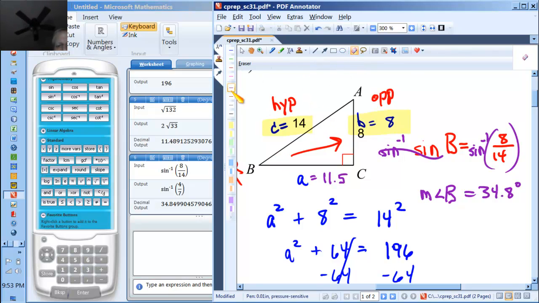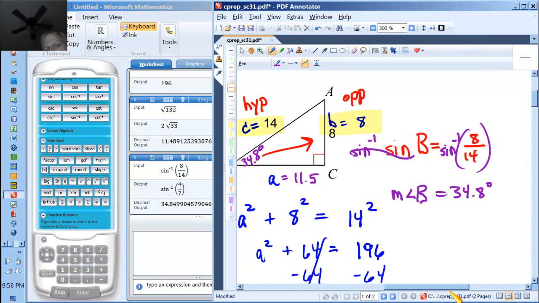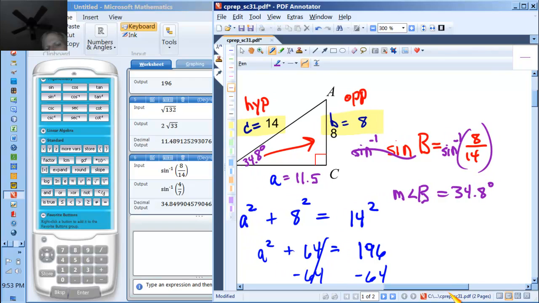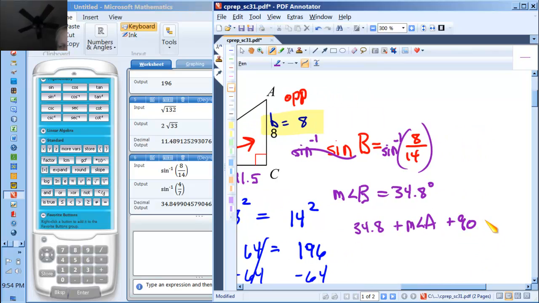Okay, so now I know 2 of the 3 angles. I know 3 of the sides, and I just need to find the final missing angle, which I do by using the fact that all the angles of a triangle have to add up to 180. So I write another little equation that says, okay, 34.8 plus the measure of angle A plus 90 equals 180.